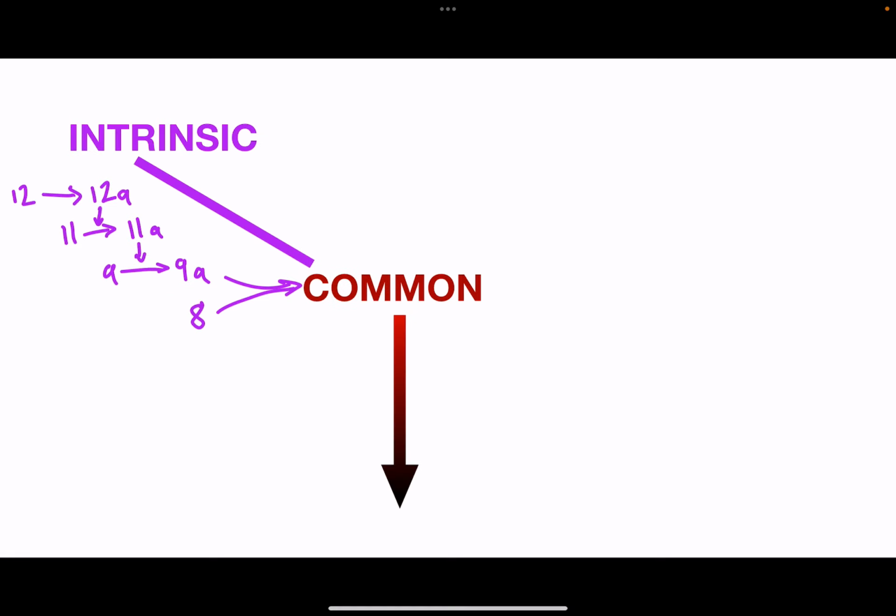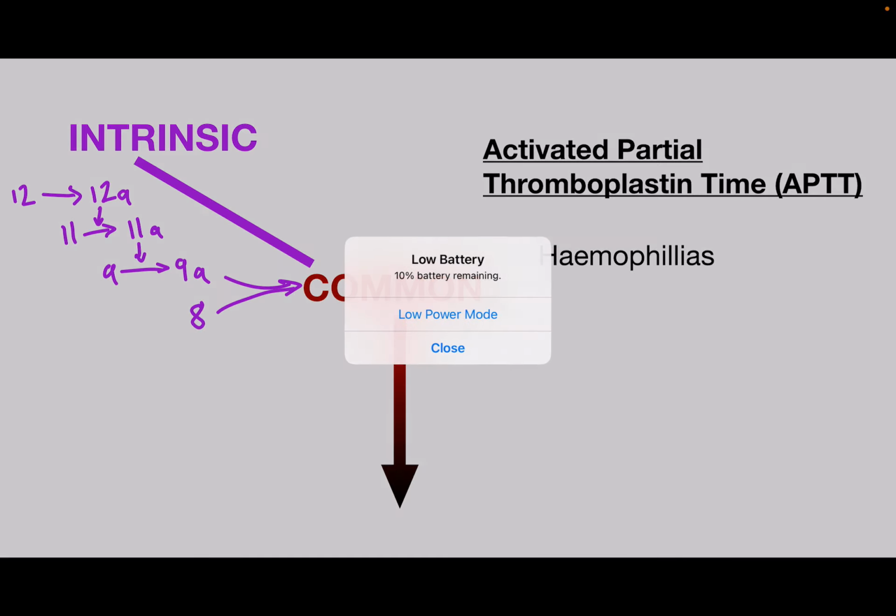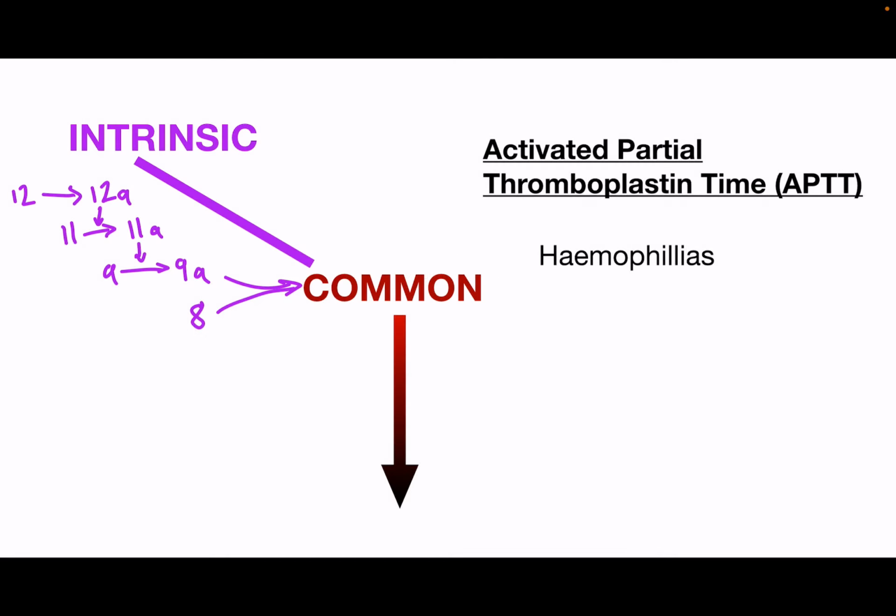So that leaves us with the intrinsic and common pathway. So the activated partial thromboplastin time, quite a mouthful, but that basically measures the intrinsic pathway, and it does include the common pathway. And you might see this prolonged in haemophilias because we know factors 9 and 8 are haemophilias A and B, or B and A, I can't remember which way around it is.